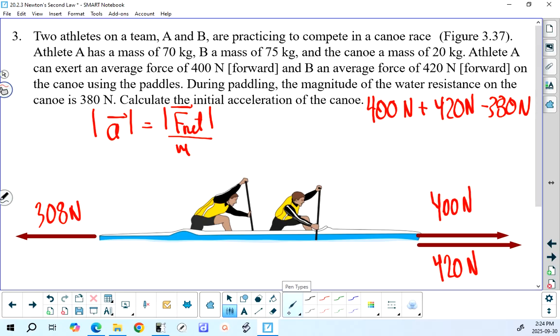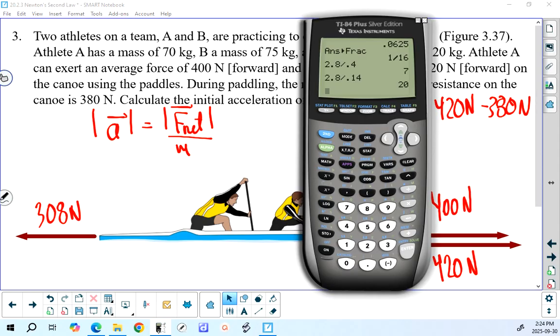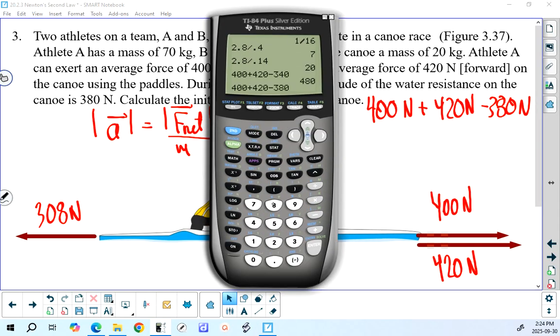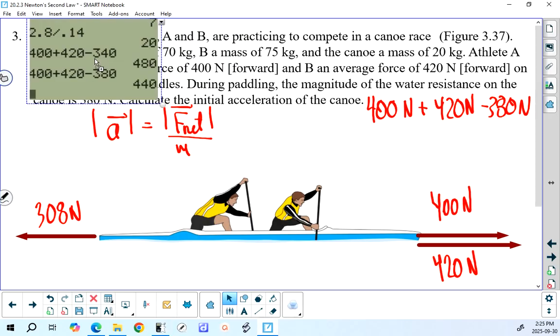We have to assign a negative to the one on the left because it's opposite to the direction of the other forces. So we add those together, what do we get? I believe it's going to be 540, but again, why take a chance? There we go, 440. I think I said 540, so I was wrong. 440 newtons, just double check that, looks okay.